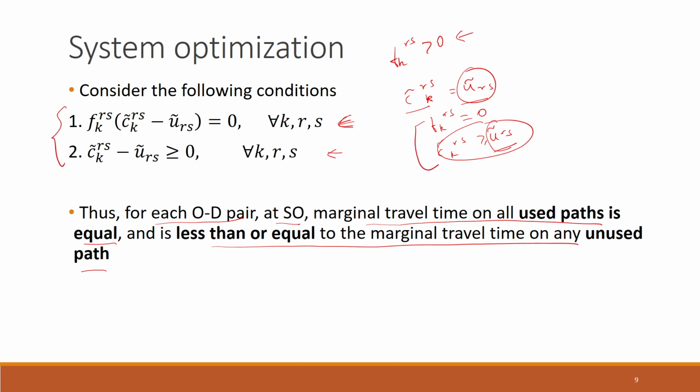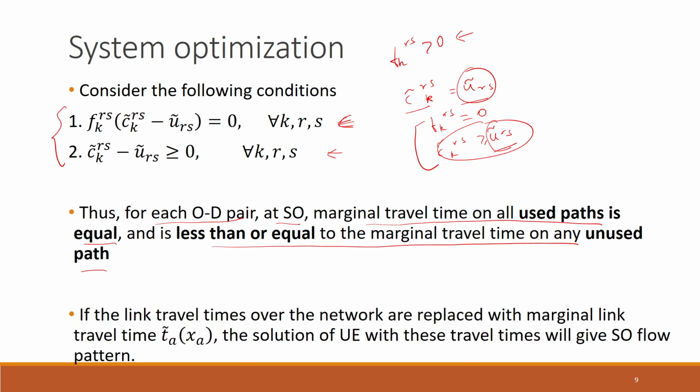So you can see that this definition is almost the same as the definition of user equilibrium, just that instead of travel times you have replaced them by marginal travel times. So then you can get the idea that if the link travel times over the network are replaced with the marginal link travel time, so if for every link A, instead of t_A(x_A) you write t tilde A(x_A).